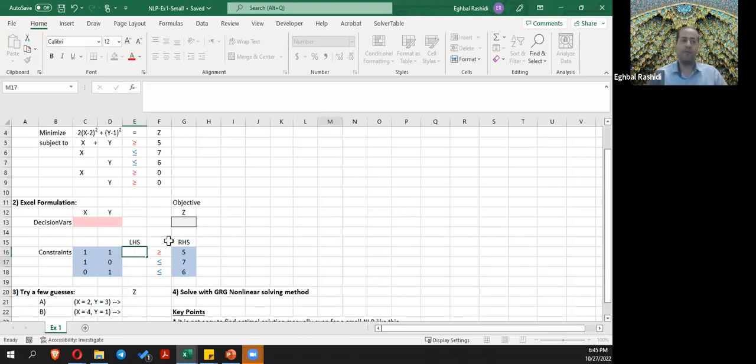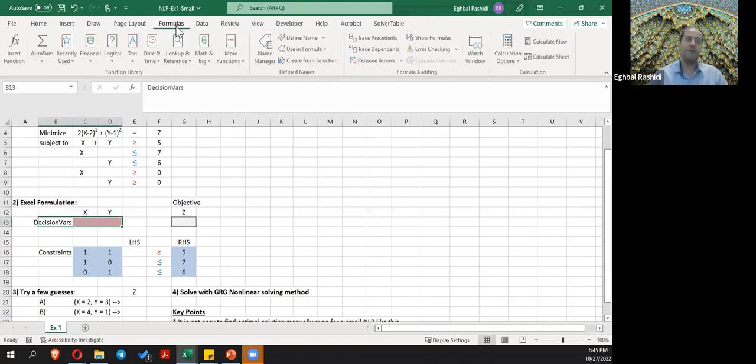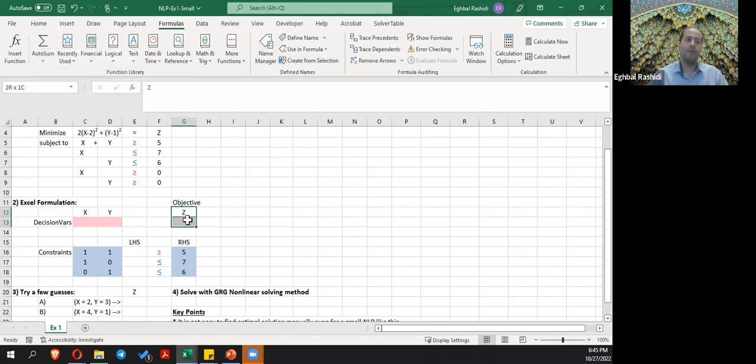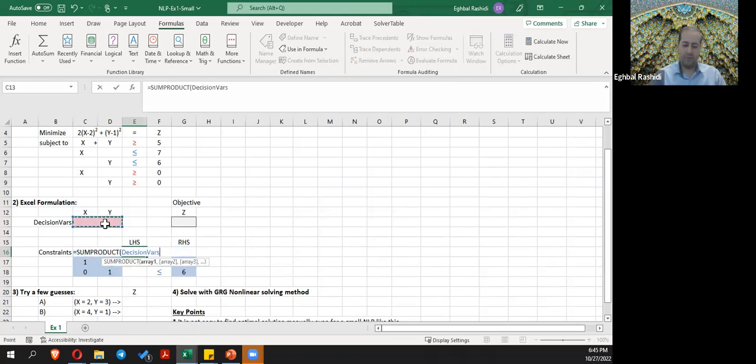Before we do that, let's name these decision variables here. The objective function too. So now it's easier to do that.